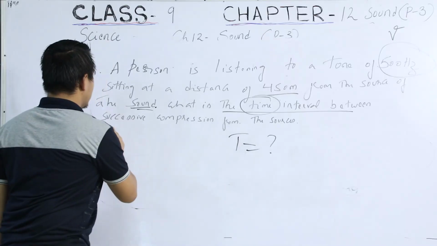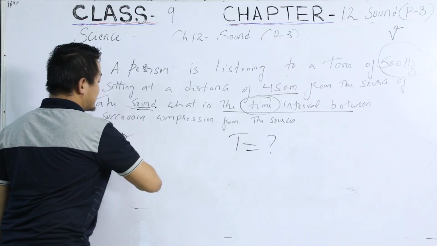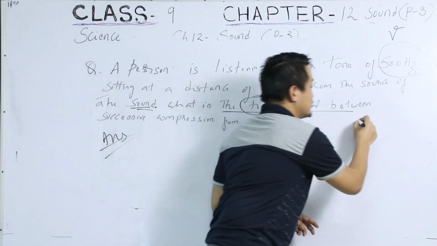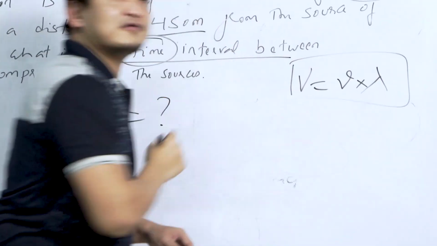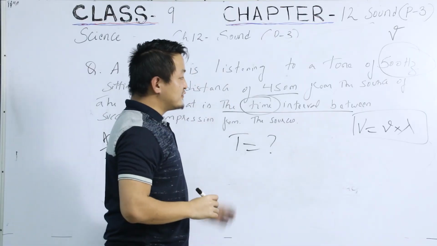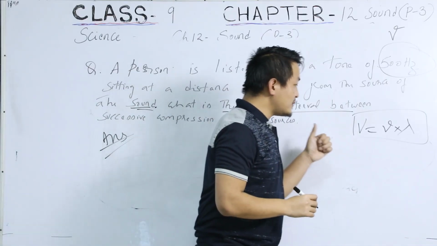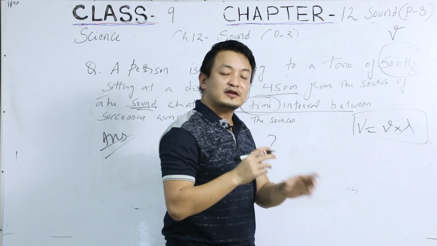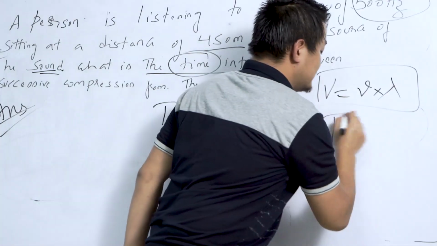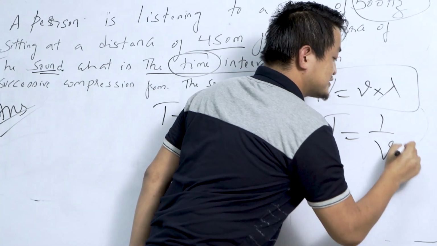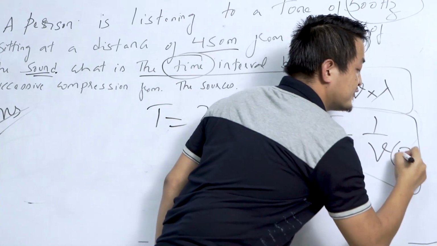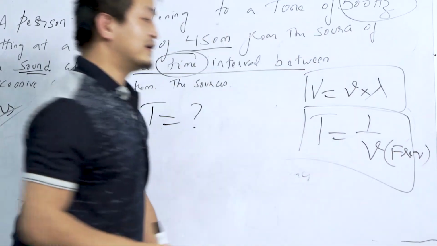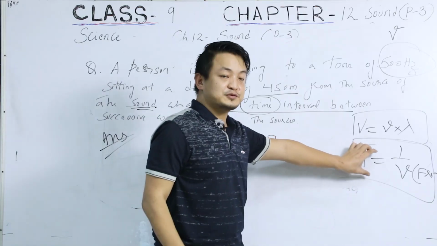Clear? So students, don't get confused. The numerical that we already solved used this relation, right? But I have also given you the relationship between time and frequency. So time is this one, and this is frequency. I have given you the relationship between these.